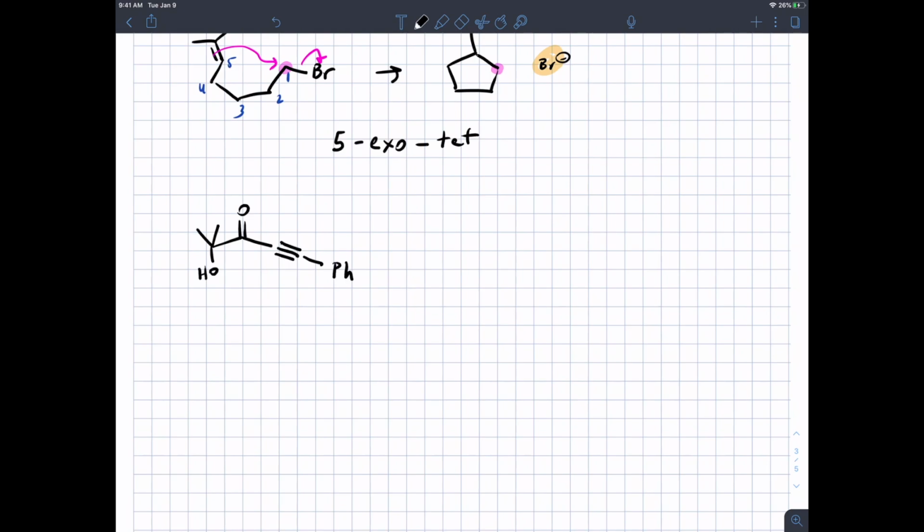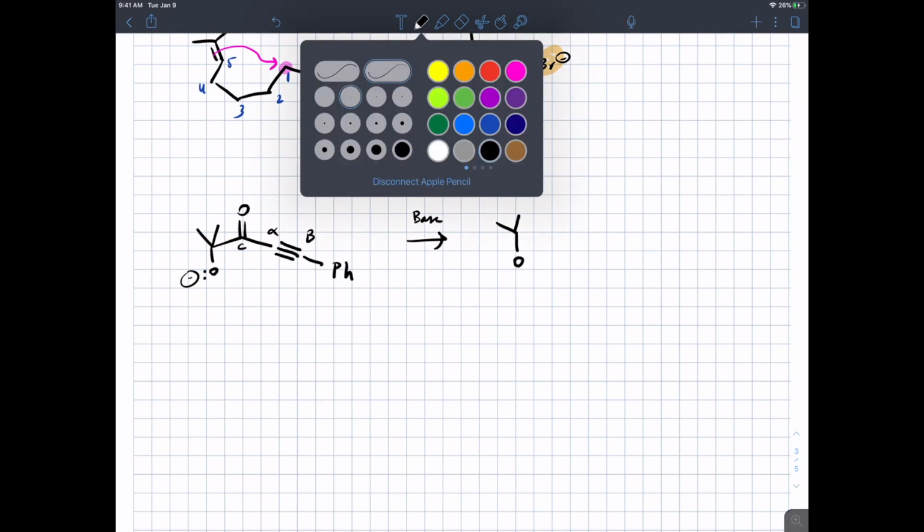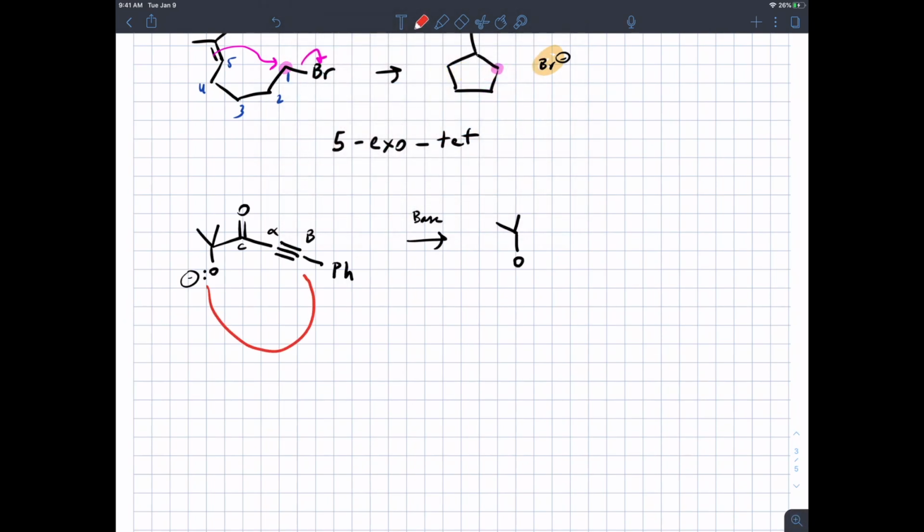So this is an alpha-beta unsaturated carbonyl compound. And if we use a base, it turns out you can do the intramolecular Michael reaction where the carbonyl oxygen attacks the LUMO of the carbonyl compound at the beta carbon. And then we'll just speed up and say we protonate on the alpha carbon through an enolate intermediate.